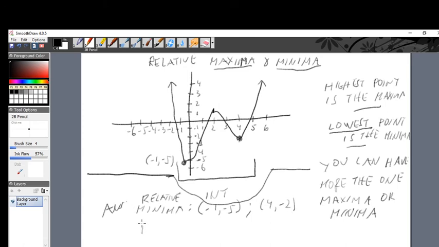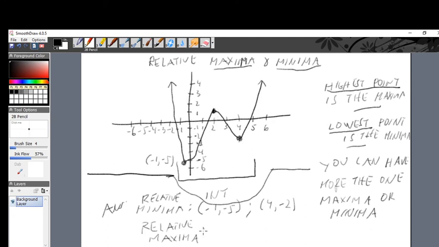As far as the relative maxima is concerned, there's only one. And where do we find that relative maxima? That's the highest point, right over here. And where is that? That is 1, 2, and 1.